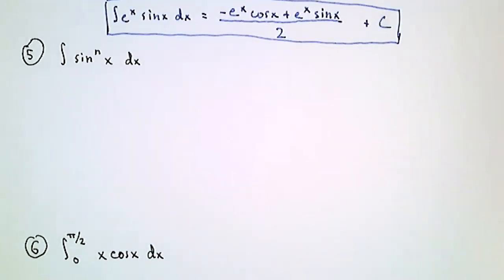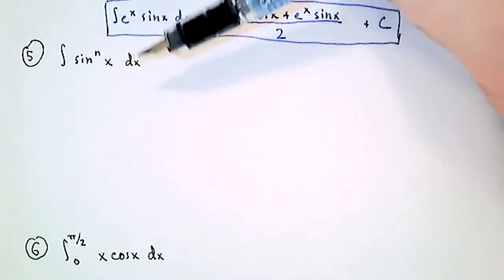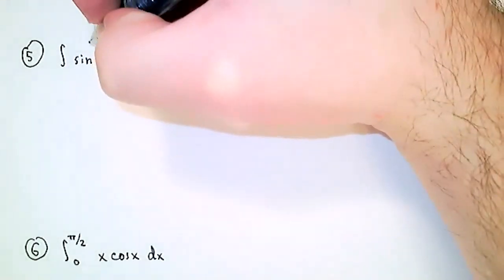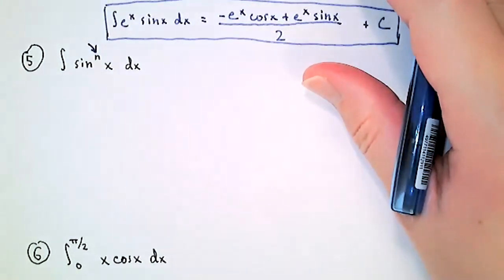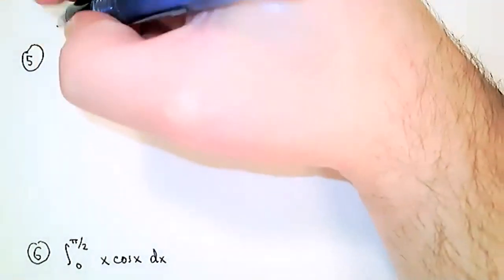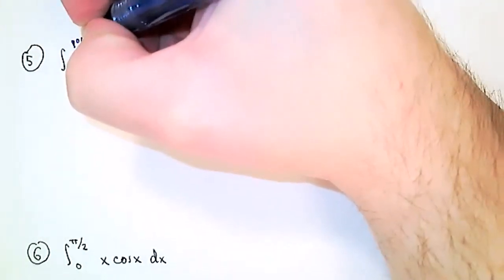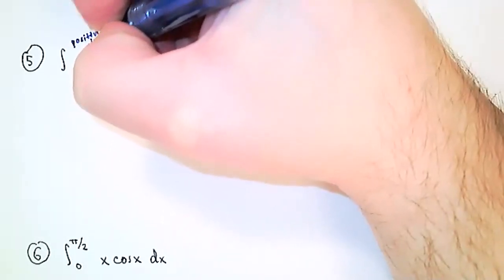Okay, so if there aren't any other questions, let's try this next one. So we're looking at the integral of sine to the n of x dx. And I should put in a note here that n can be any positive integer. So it's something like a variable, but it's a positive whole number.